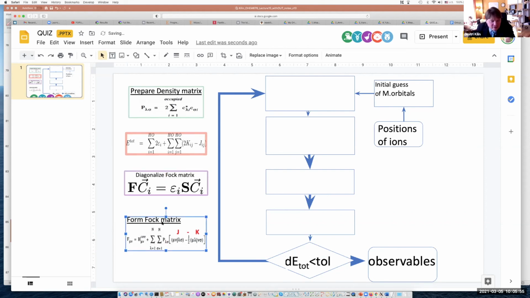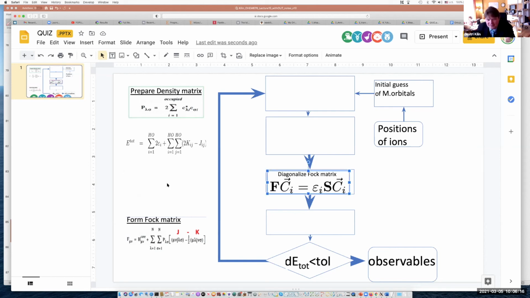This one? No, the one before the last one. Diagonalized Fock matrix. Okay, and where do you want to move it? To which box? I would say it is correct. So can you try to move it? Perfect. So Lola is done.